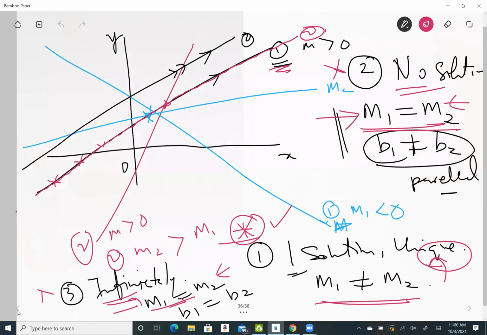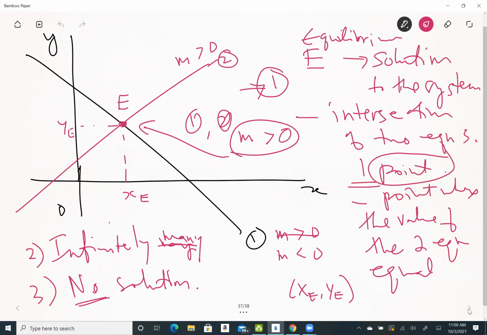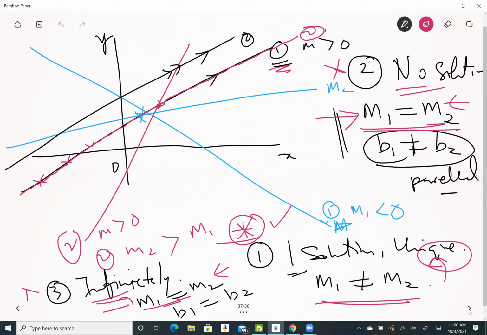In order to find the solution, we do only the substitution method.